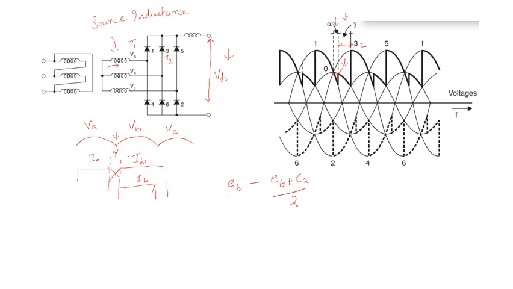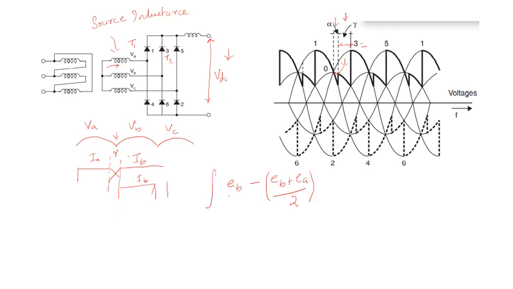Actually, this has to be on when this is the most high potential phase, but because of the source inductance, EA is also on, so the average value of EB and EA must be there.